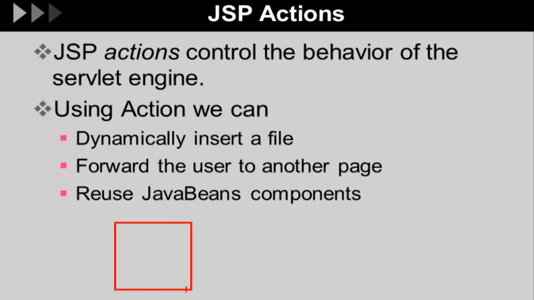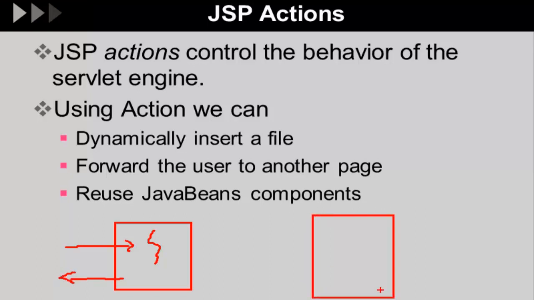The user makes a request to this page and you start processing. Usually the output of this page is sent back to the user. But when it comes to forwarding, the user makes a request to this page, it does half the work, and then whatever request the user has made, it sends that request to some other page.